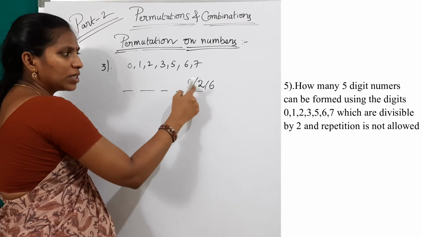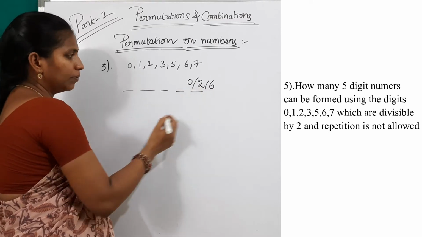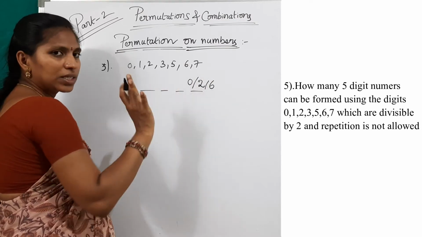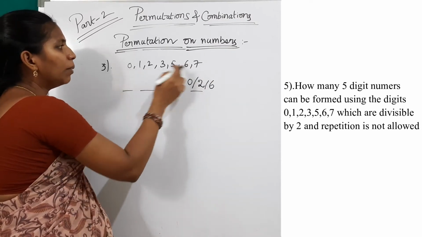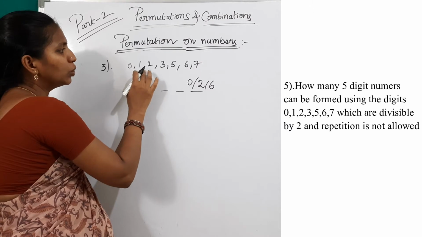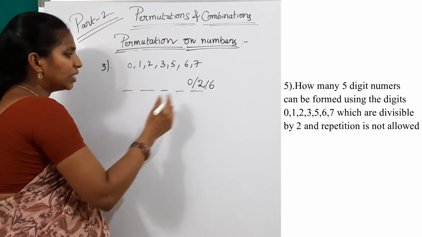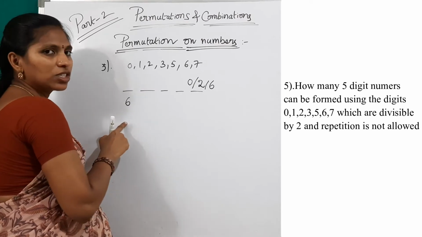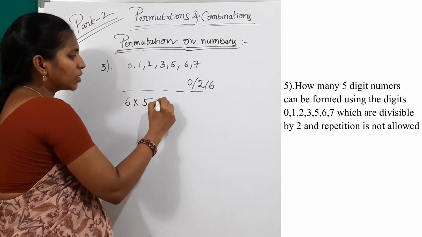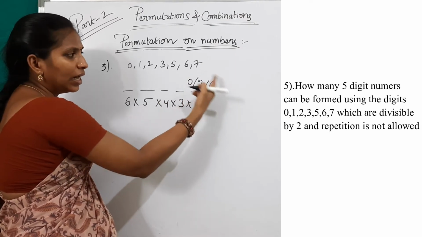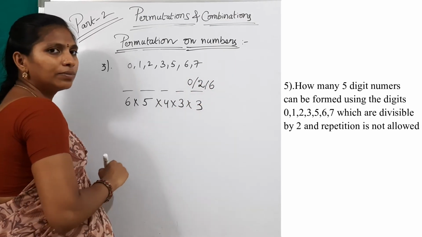How many possible ways? 3. Any one of these digits is fixed here. Totally there are 7 digits, and one is fixed here, so there are 6 ways at first place, and second place 5 ways, 4, 3.